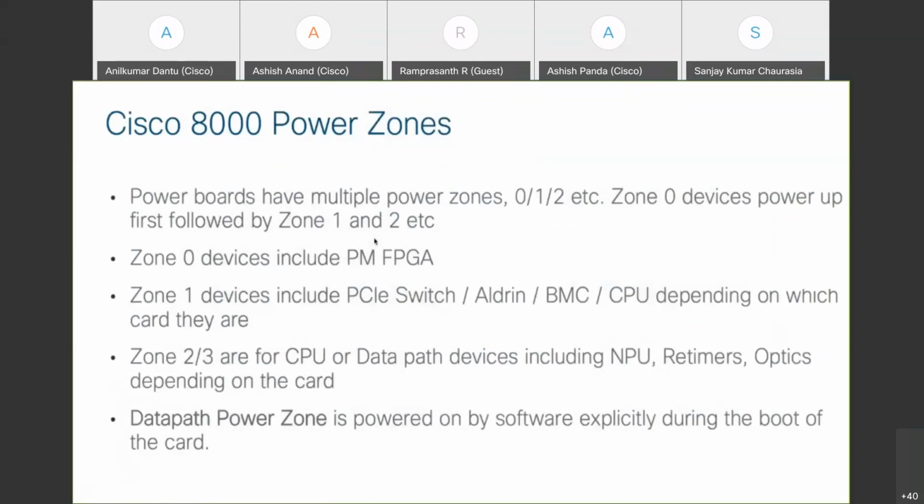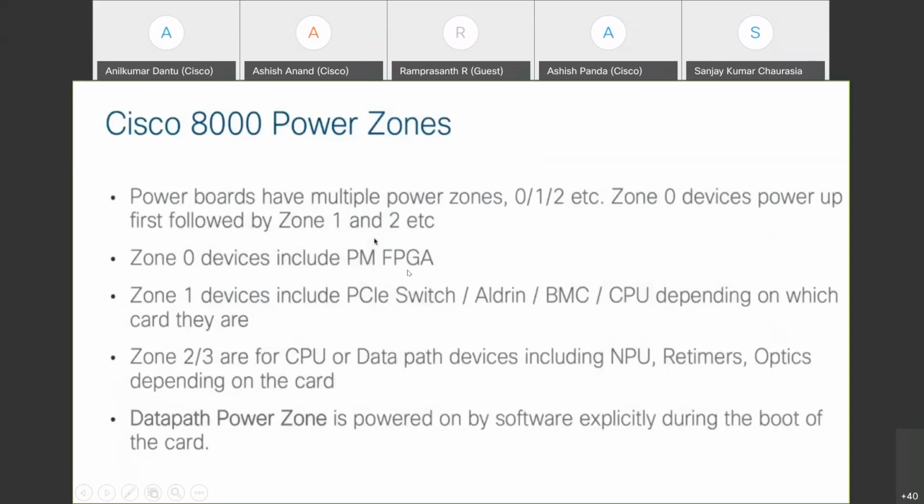The system has, at the card level, whether RP, LC, or Fabric, a concept of power zones. There is nothing like a power zone at the chassis level. It is not like some cards in zone 0, zone 1; there is no such concept here in Cisco 8000. But at the individual card level, there is a power zone concept. Whenever you insert the card or when the card boots up, zone 0 will have your FPGA.